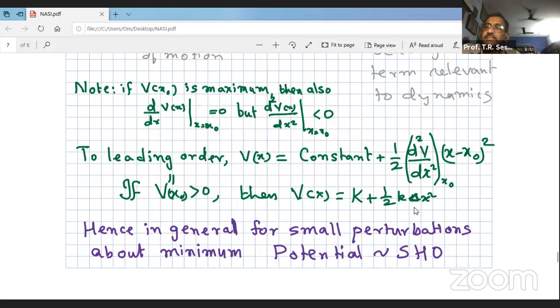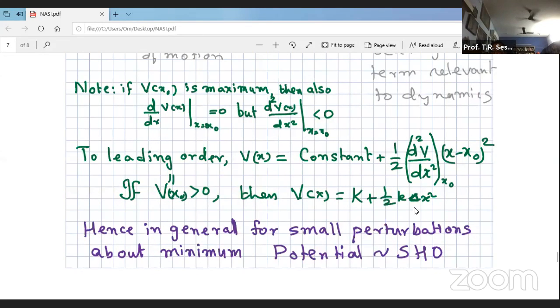Now, if that second derivative of V is greater than 0, then I can write V of x equal to a constant K plus half K delta x square, where K is d2V by dx square at x naught. And this is my familiar simple harmonic oscillator potential when K is positive.